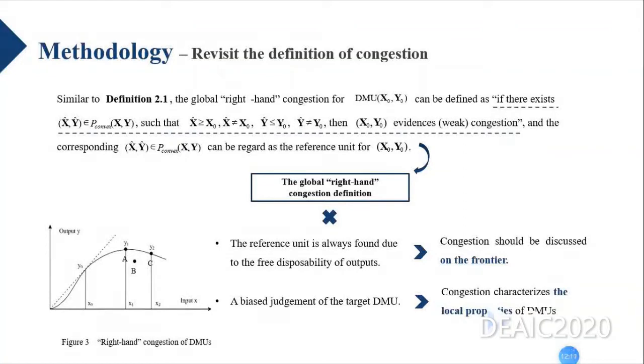Essentially, congestion describes the region of production function where the production declines as inputs increase. When discussing the definition of the right-hand congestion, it is necessary to ensure that both the target DMU and its reference unit are located on the frontier. Otherwise, the first problem will arise.